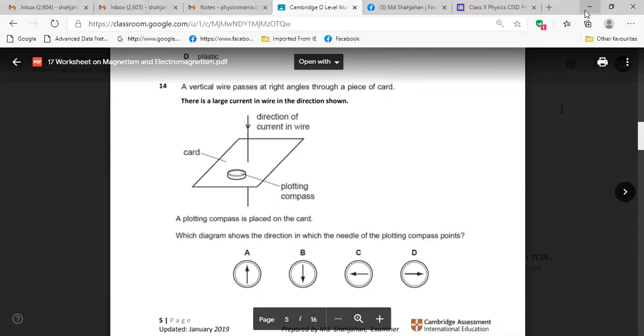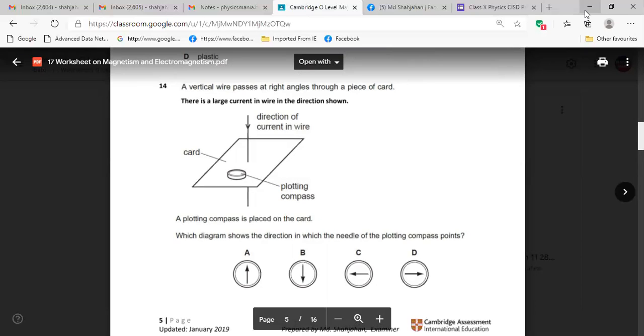Magnetic field lines according to the right hand grip rule will be clockwise or anti-clockwise.